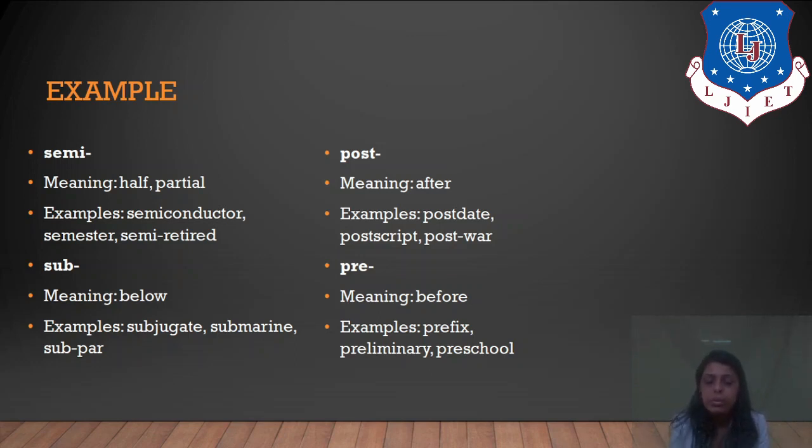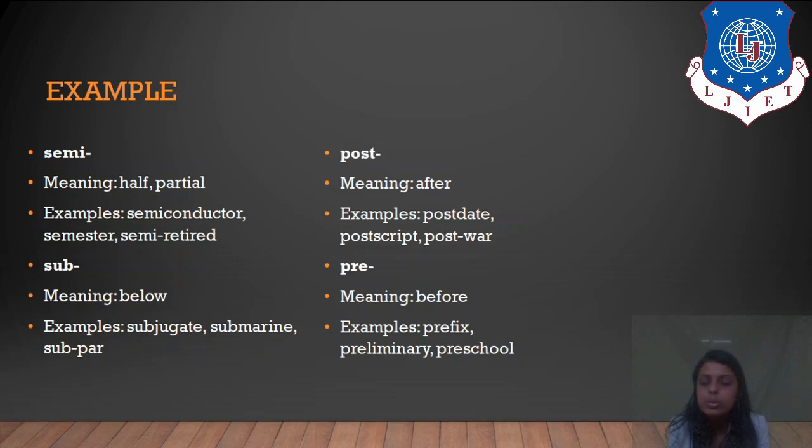Sub means below, so submarine, one which is below in the water. Subpar, subjugate, right? Post means after. Post date, post war, after the war. Postscript, after the script is over, something which is added after that. Pre means before, like prefix is adding to the word before the word begins. Preliminary, preschool.